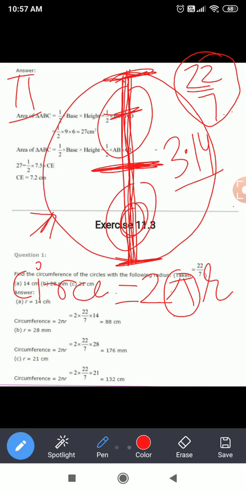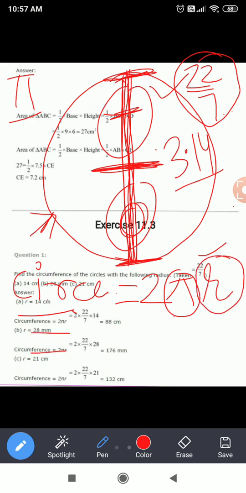If it is said that we have to use a particular value, like in the first question it is said we have to take pi as 22 by 7, then we have to put 22 by 7. But if it is not asked, then we can put pi according to our choice. So circumference in case of radius is 2 pi r.